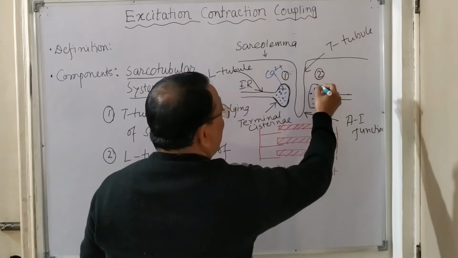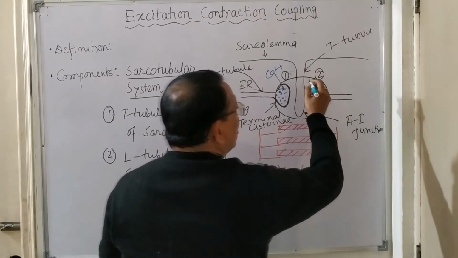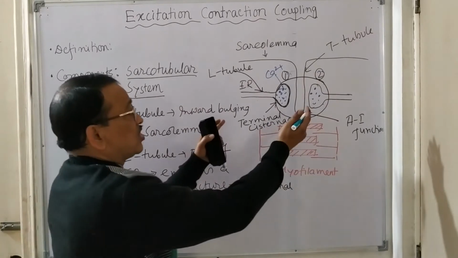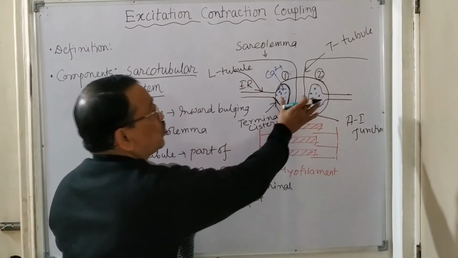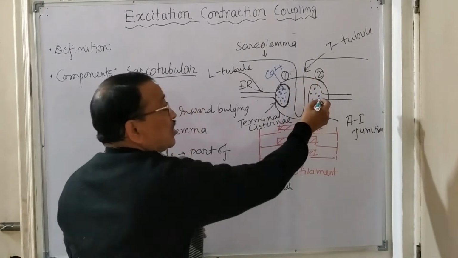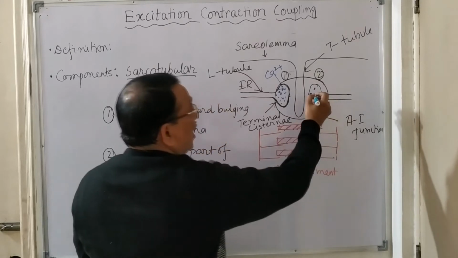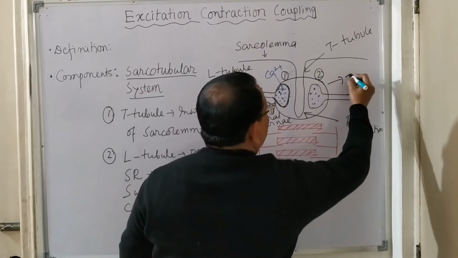In this structure, one T-tubule is functionally linked with two terminal cisternae, and this structure is known as the triad.